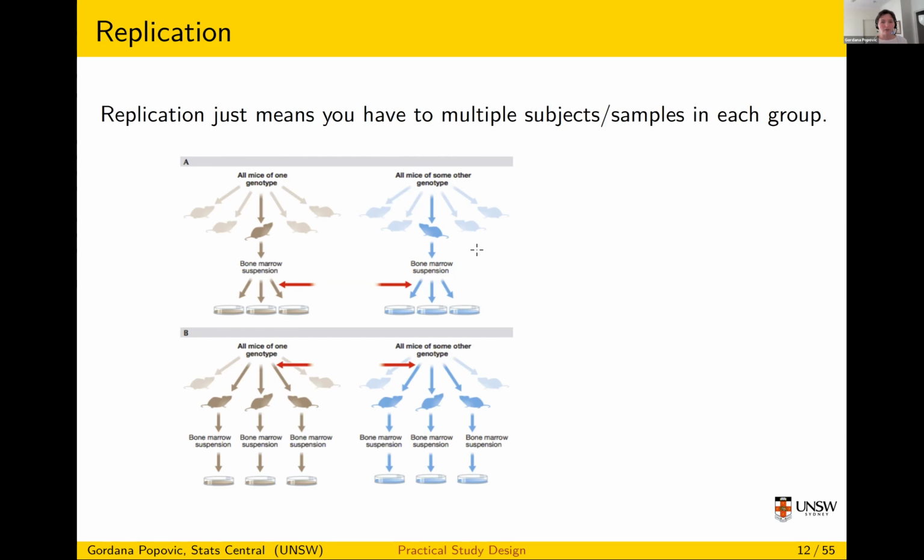So I can do that, or I can, instead of that, take 3 rats from this group and take measurements from each of 3 rats in this group and each of 3 rats in this blue group. So the thing to notice is that in either case, I'm going to have a spreadsheet with 3 rows that are brown and 3 rows that are blue. So my data sheet is going to look identical in this experiment and this one.